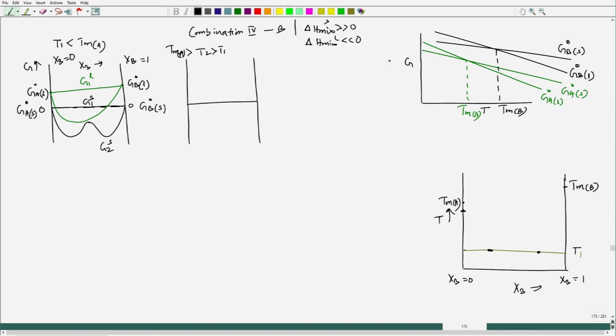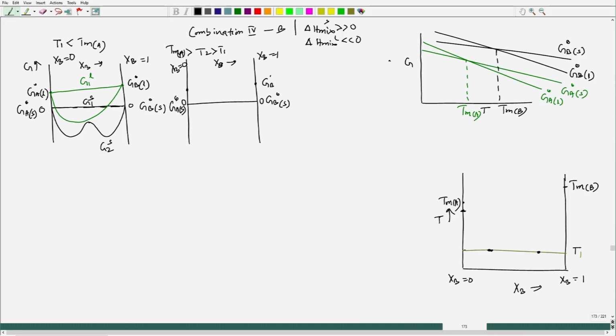So, I am increasing temperature. This is definitely G b naught solid, G a naught solid, both at 0, x B equal to 1, x B equal to 0, varying this way. Now, as we increase temperature, this gap will shorten.